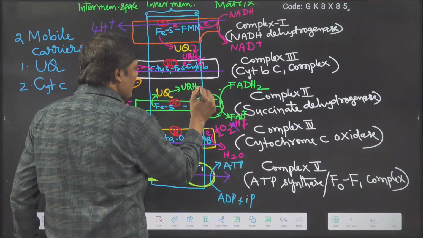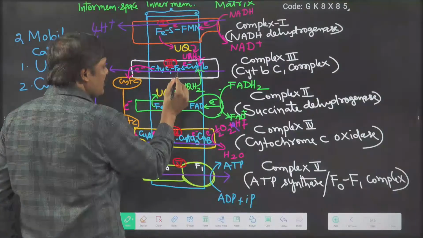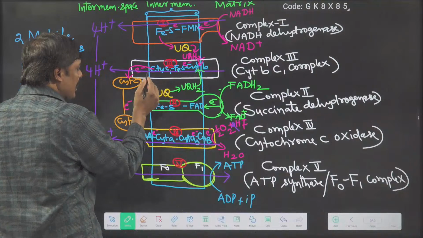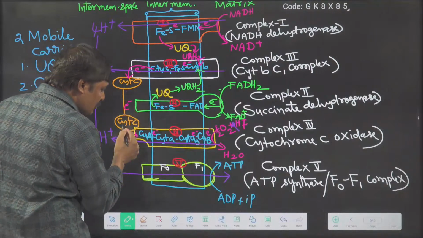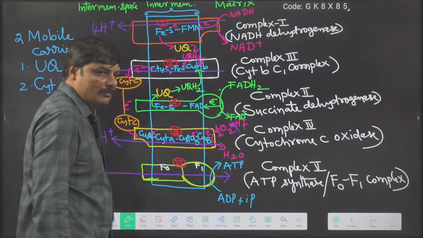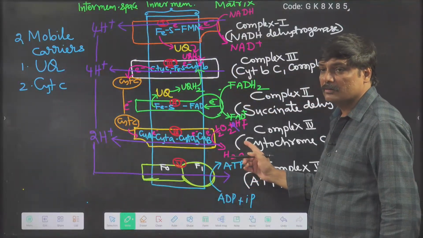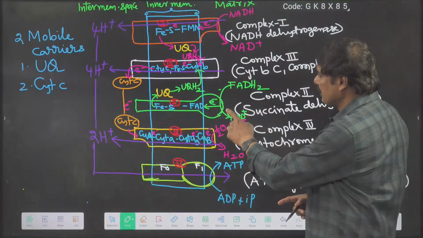Now this is transported to complex 3, first into cytochrome b, then iron sulfur, then cytochrome c1, then cytochrome c, then to complex 4, and finally accepted by oxygen and water is formed. Same procedure.